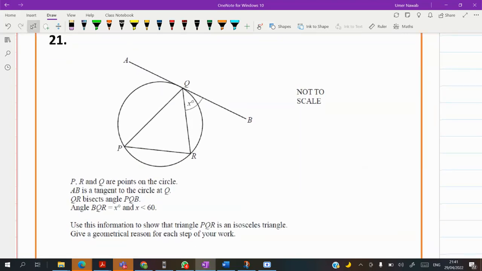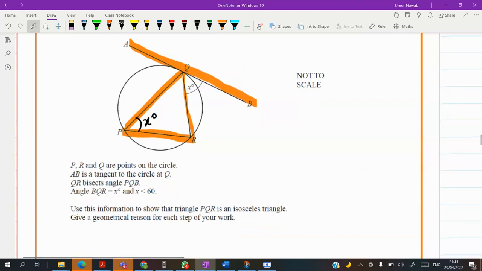Now come to question number 21. In question number 21, the examiner gives you a tangent, and he gives you a chord. You remember the alternate segment theorem. If it is joined back on the circumference, this angle is also x.